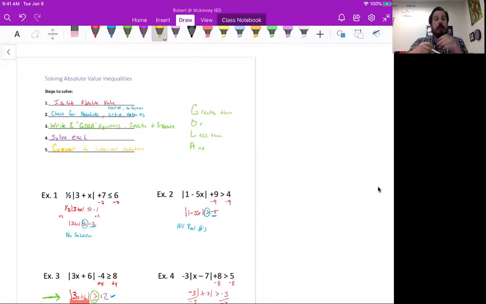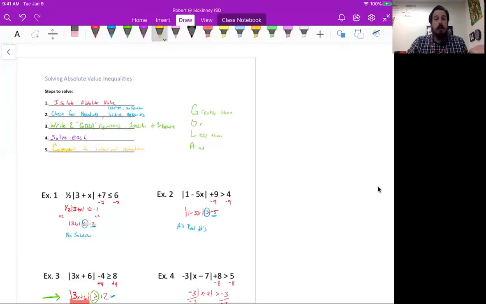Second thing, when we write our GOLA equations, when we write our two equations, okay? If once it's isolated, it was a greater than, you will use or. If once it was isolated, it was less than, you will use and. And when you write the negative equation, not only do you have to make what was on the other side negative, you also have to flip the inequality the other way, okay?